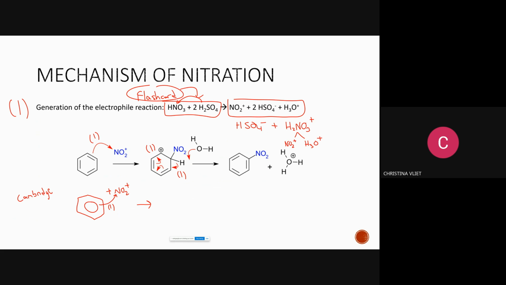Then what do you get? The way that Cambridge accepts us to write our product here is to write an incomplete ring with a positive charge. We would have the NO2 on one of these carbons. It doesn't matter which one you put it on. It's equivalent. And you have to write the hydrogen on the same carbon. Why does that matter?